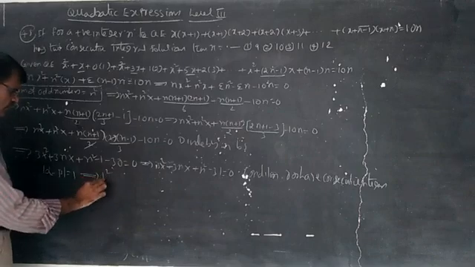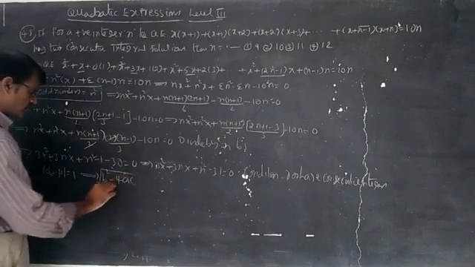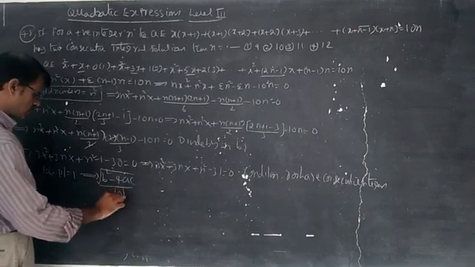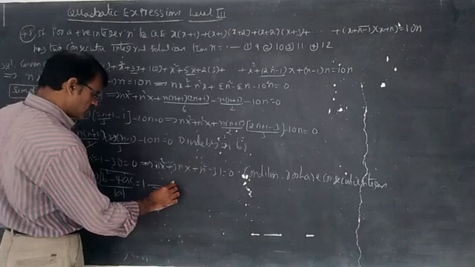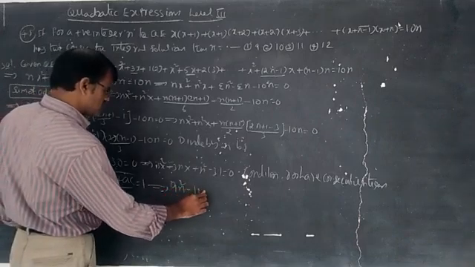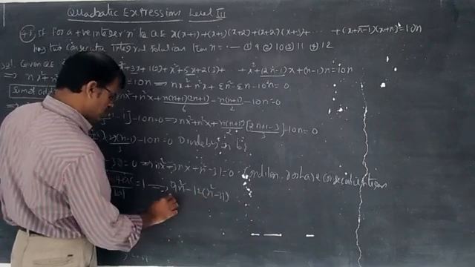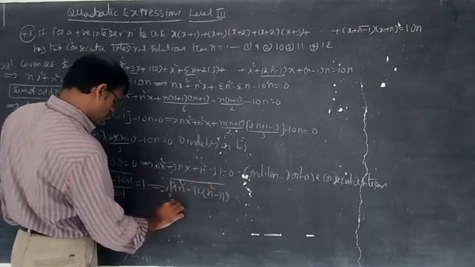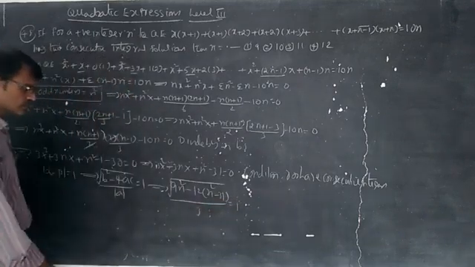So modulus of alpha minus beta is root of (b square minus 4ac) by modulus a, equal to 1. That implies in this quadratic equation, root of (9n square minus 12 into (n square minus 31)) by modulus of b is equal to 1.